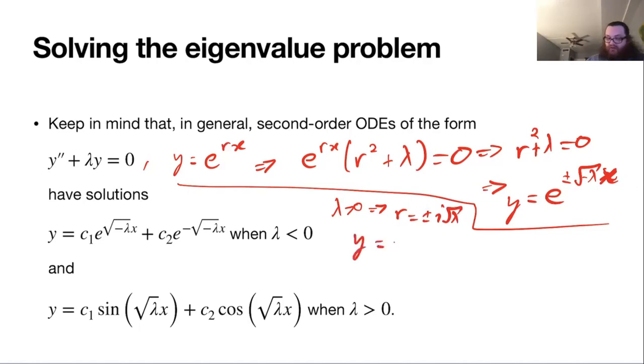So then our general solution is going to be something like C1 e to the i root lambda x plus C2 e to the minus i root lambda x.